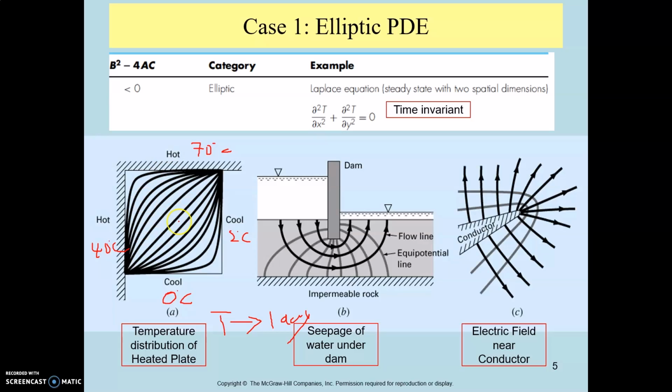It doesn't change anymore. So when it's constant or doesn't change anymore, we call this the steady state temperature. At this time, the temperature distribution on this plate is invariant, meaning it doesn't change with time anymore.